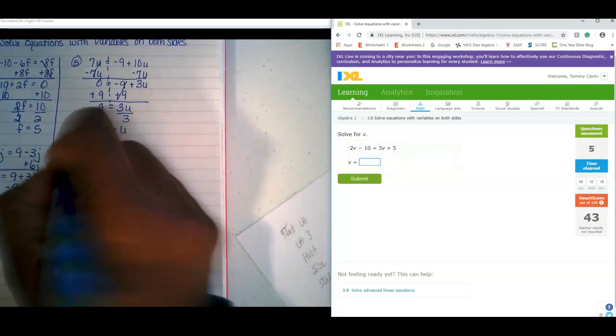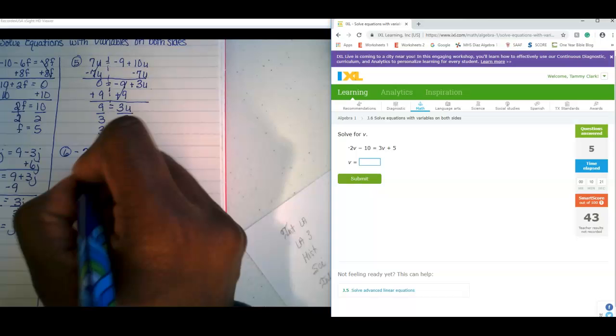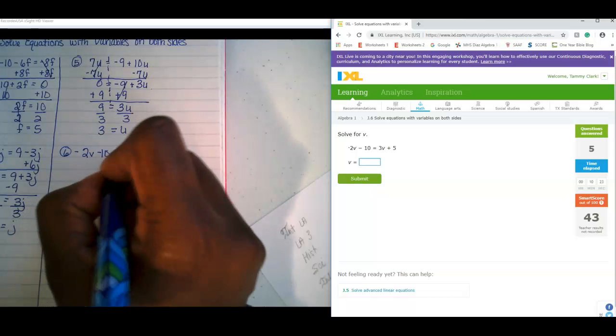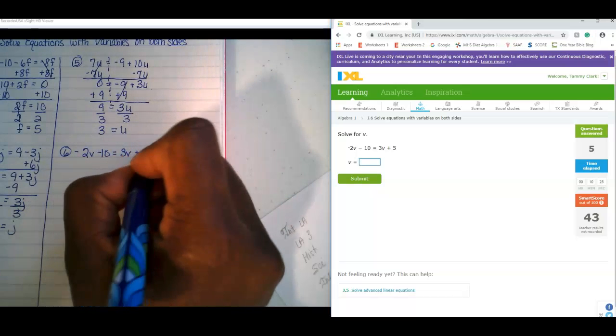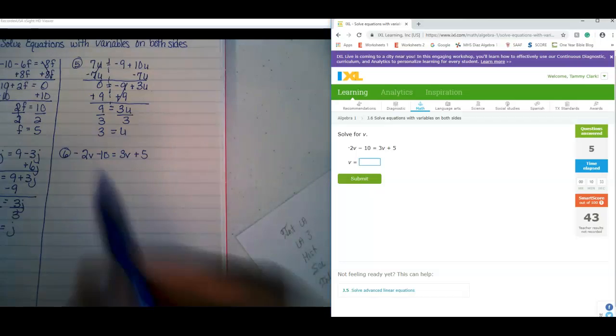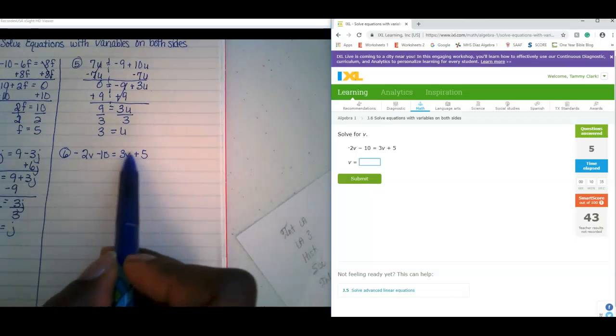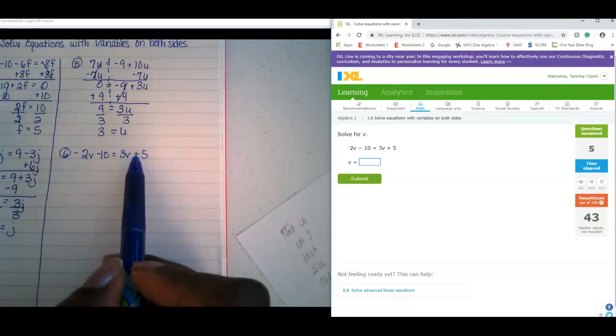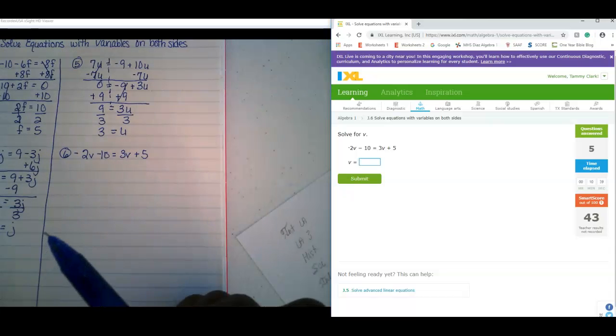Number 6, negative 2v minus 10 equals 3v plus 5. Now, this might seem like, oh my gosh, they added another something. Process is the same, guys. We're just trying to get the variable term on one side of the equal sign and the numeric term on the other.